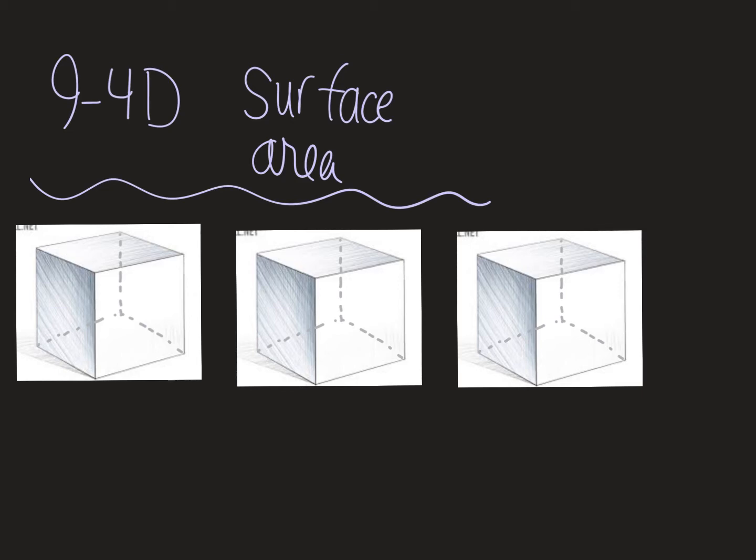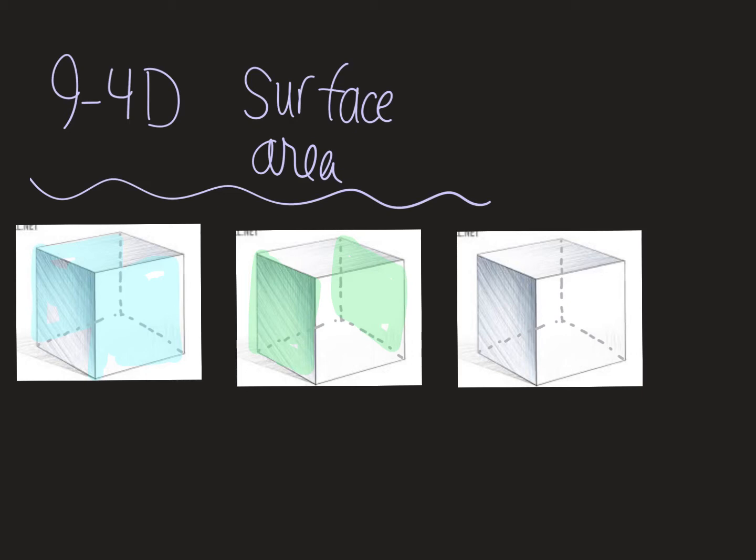Now, do you agree that when we were doing this, you had a piece in the back that matched the piece in the front? You had a piece on the side that matched a piece on the other side.